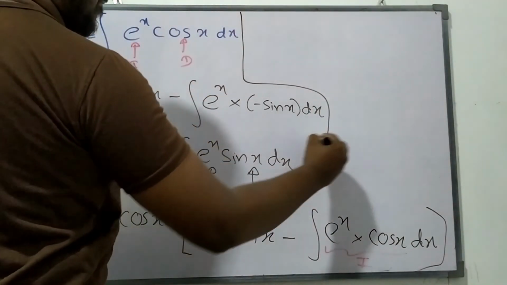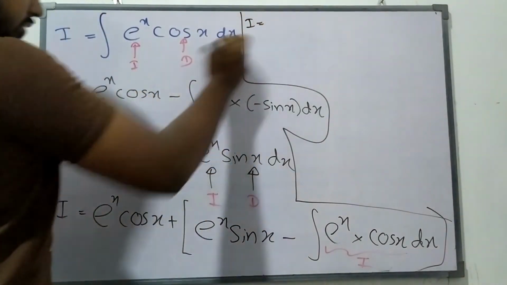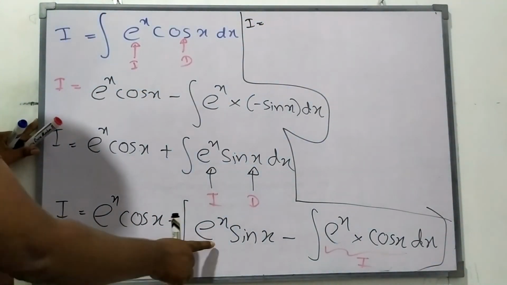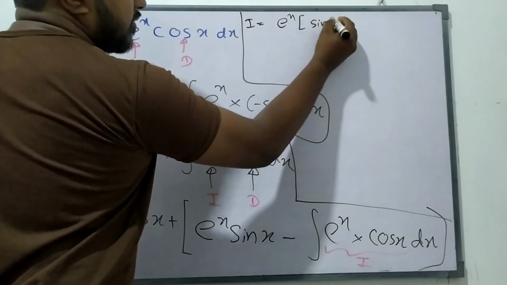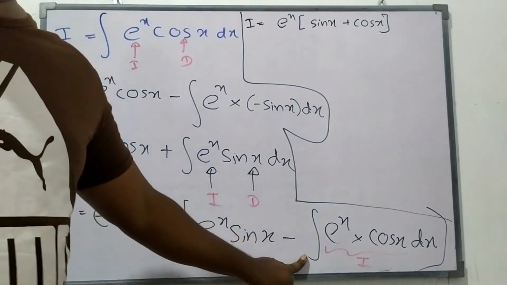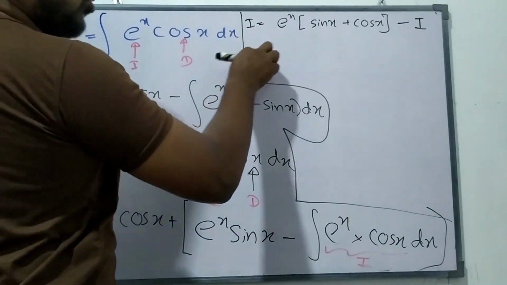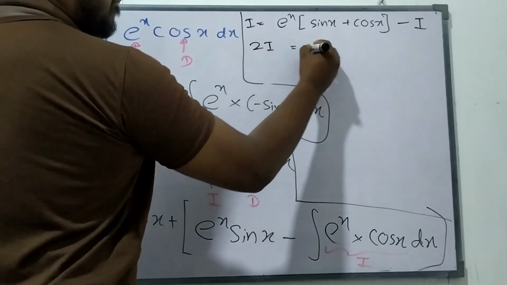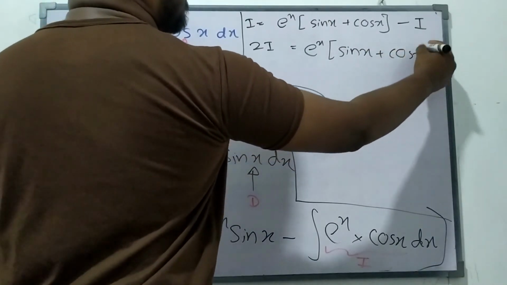Therefore, I'm just taking I equal to e to the x cos x, e to the x sin x, e to the x sin x plus cos x in bracket. And here it's I. So I minus I goes this way, it's 2I equals e to the x into sin x plus cos x.